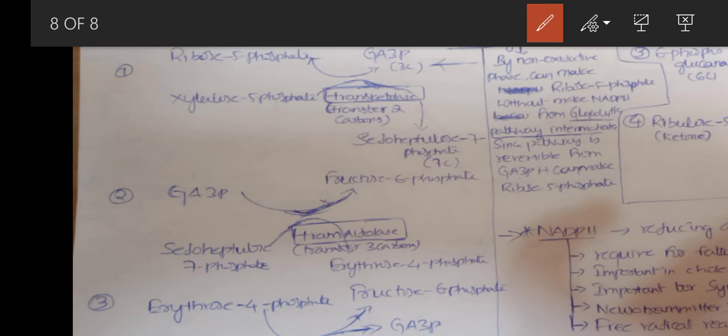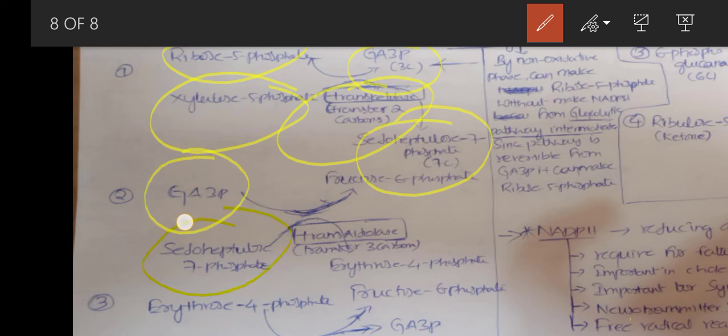So whatever the isomer and this diastereomer formed, these two are acted on by an enzyme, transketolase. Transketolase will transfer 2 carbons. So if it is transferred from the ribose 5-phosphate, it will form glyceraldehyde 3-phosphate, and these 2 carbons will be added to the xylulose 5-phosphate. It forms sedoheptulose, that is 7 carbon. Again this glyceraldehyde 3-phosphate and sedoheptulose 7-phosphate are acted on by the transaldolase enzyme.